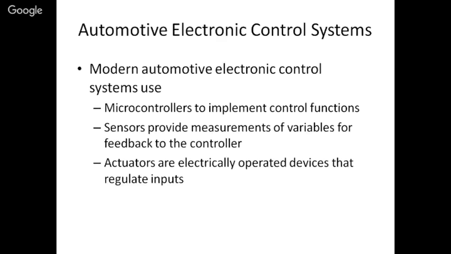Then a sensor may measure the oxygen content in the air. For example, the exhaust gas oxygen sensor basically senses whether the mixture is rich or lean. At higher altitude, because the air is rarer, the oxygen content is low.